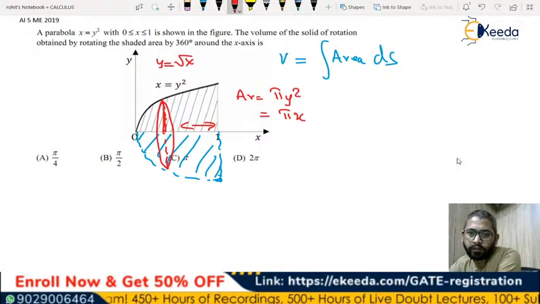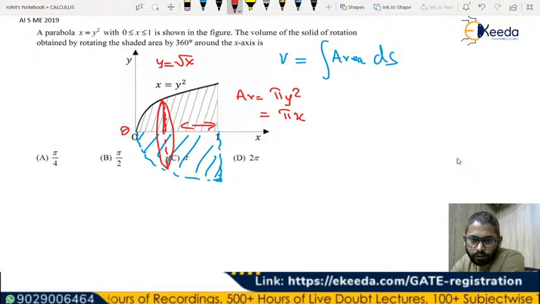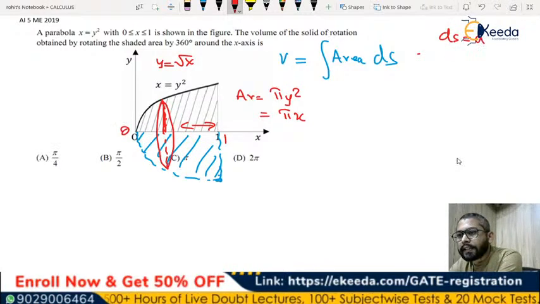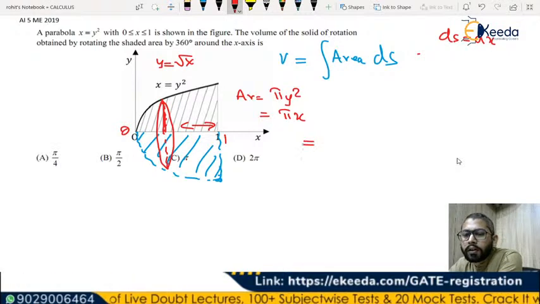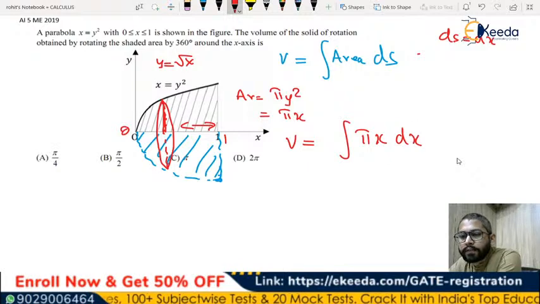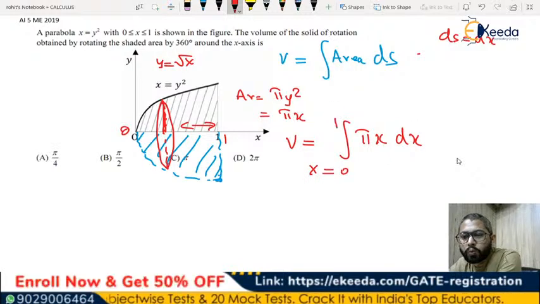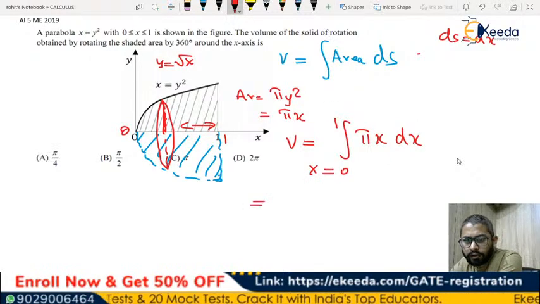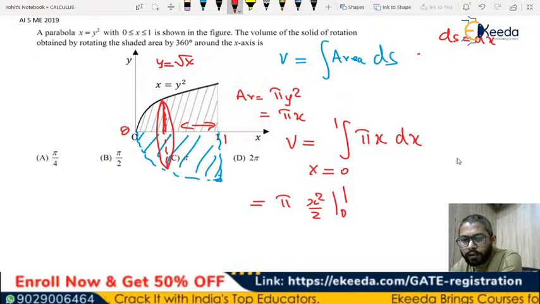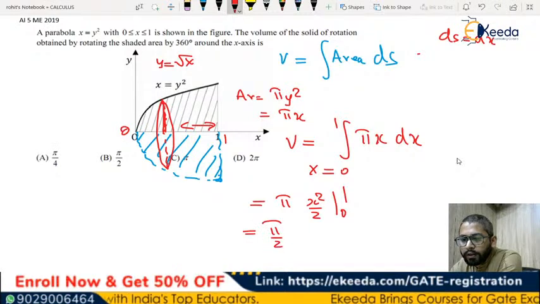What will be the limit of x? x is clearly written as 0 and 1. So pi x dx from x equal to 0 to 1. This is pi x square by 2 from 0 to 1, which is pi by 2.